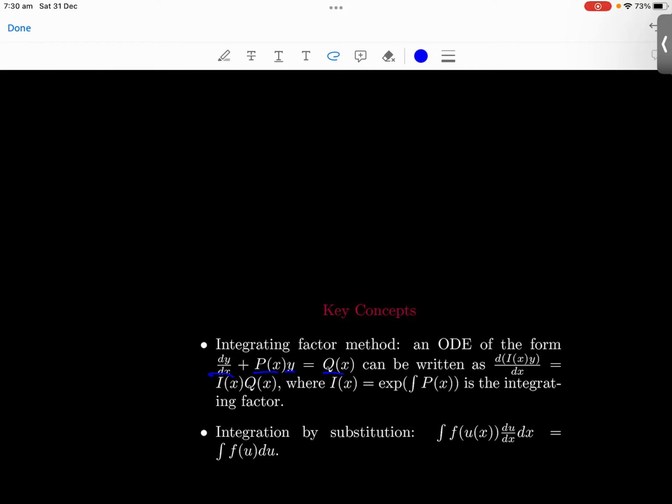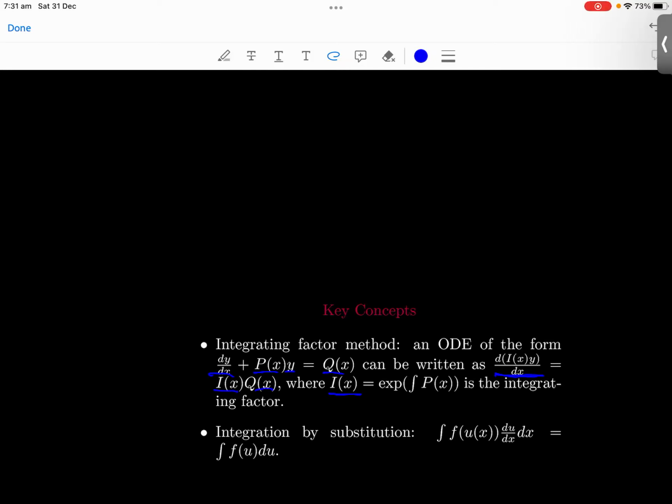The key crucial observation about these particular equations is that you can multiply the entire equation by a function I of x, so that if you choose I of x correctly, you can integrate the left-hand side using the product rule, and you find that the left-hand side is equal to the derivative of I multiplied by y, d/dx, and the right-hand side is just q of x multiplied by I.